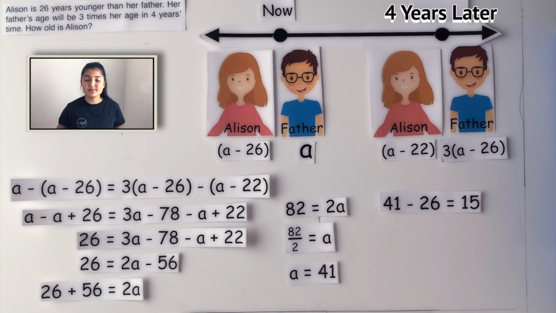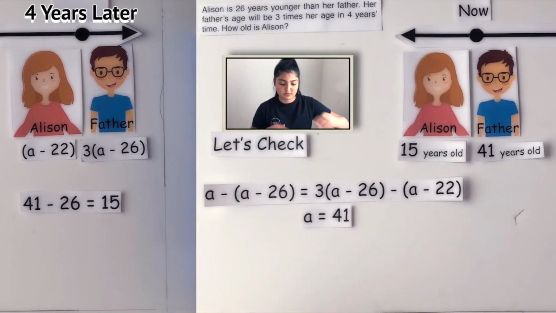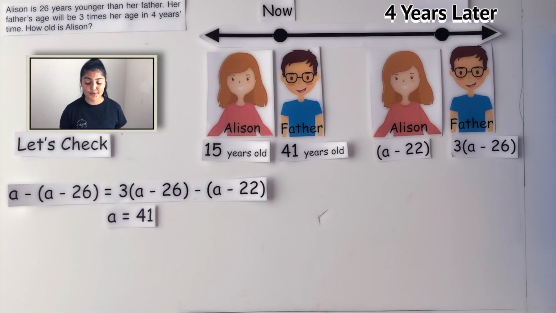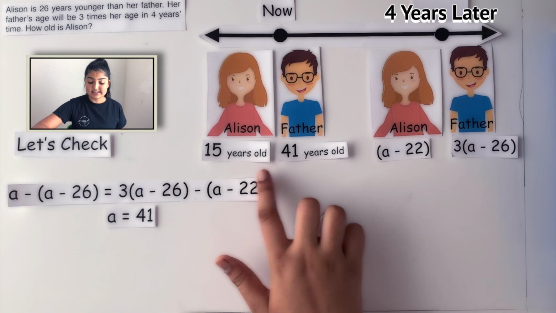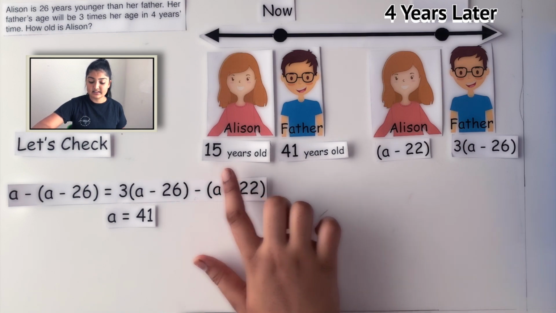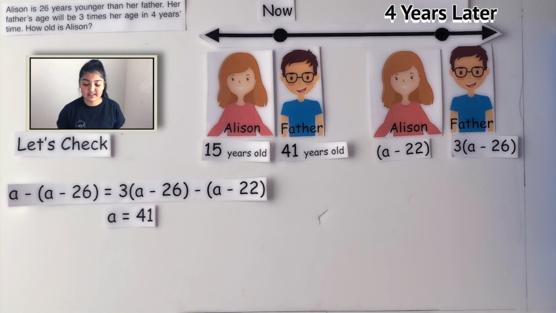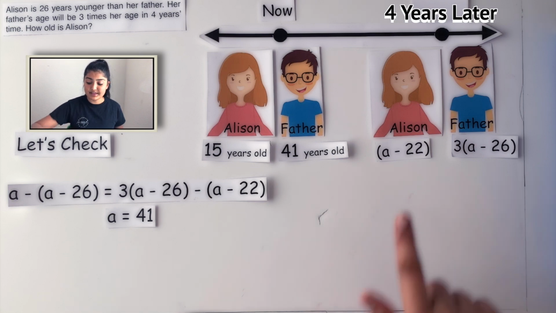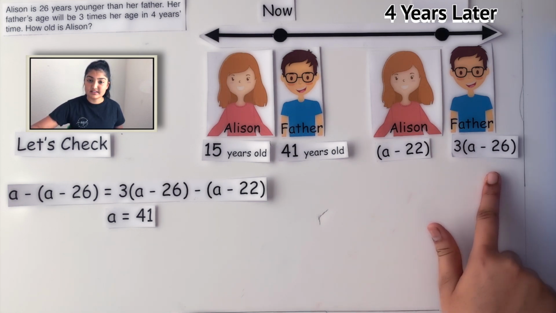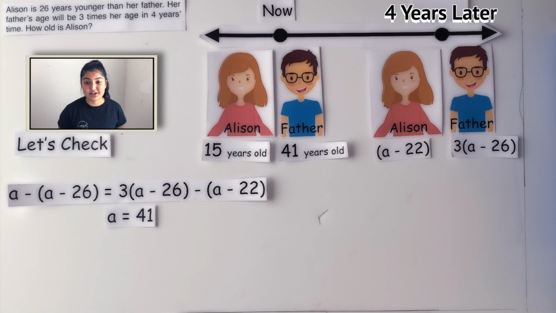But just to be sure, let's check our work. We know that Alison is 15 and her father is 41 years old now. But how old will they be in 4 years? We can find out their ages to be able to check our solution. So let's do that.